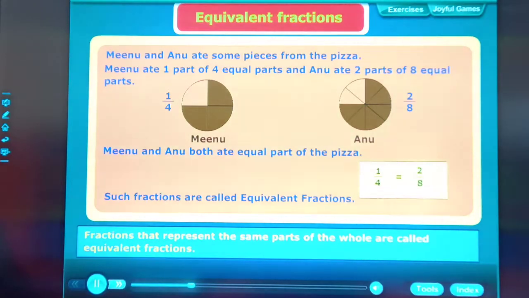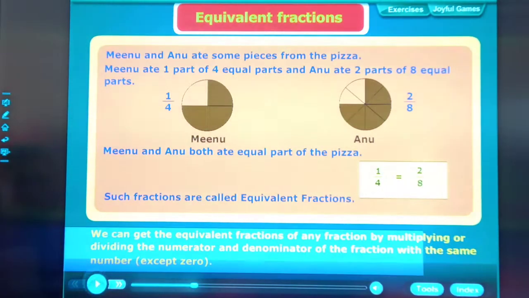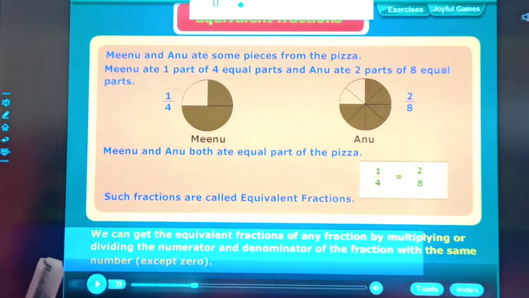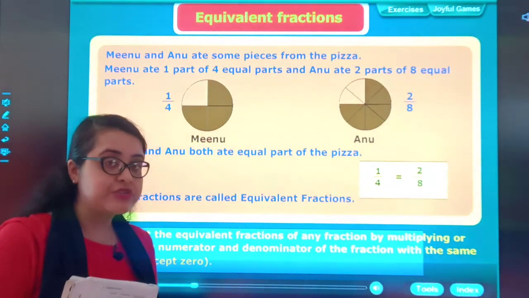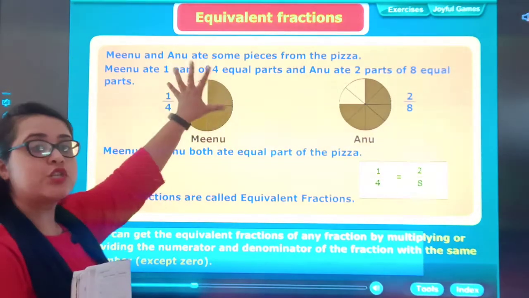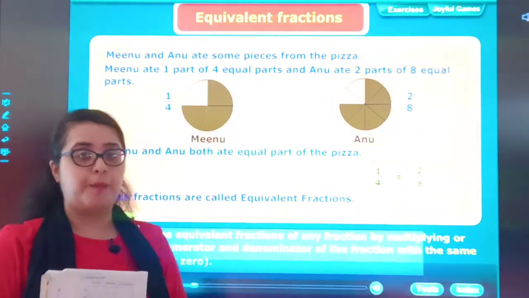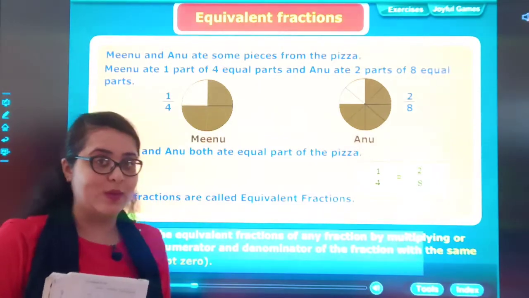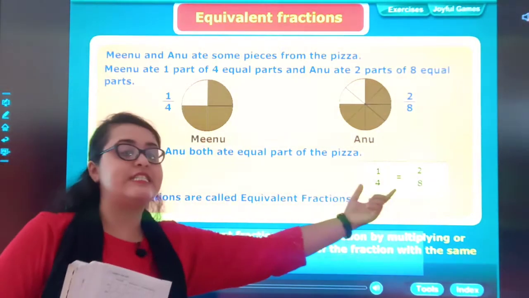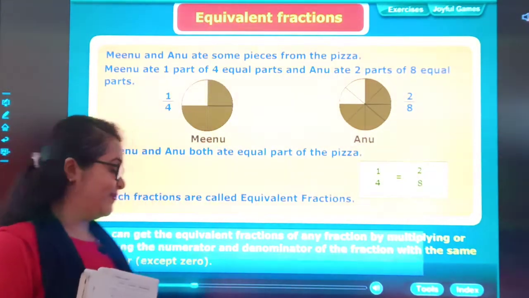Fractions that represent the same parts of the whole are called equivalent fractions. What is equivalent fractions? The presentation of one thing in a different form. आप ऐसा भी बोल सकते हैं, okay? जिसके answers ultimately equal आए.